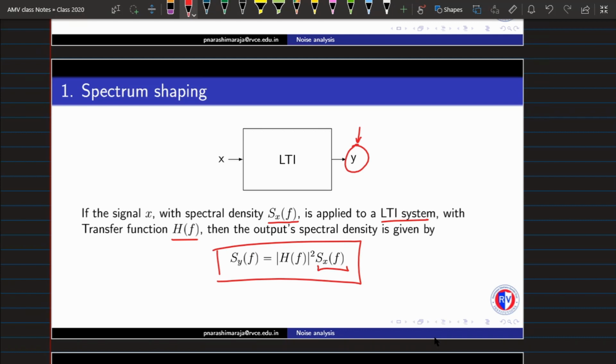The reason is that since we are dealing with the powers of input and output signal, the transfer function of this LTI system would then be represented in terms of modulo square. Okay, so let us illustrate this phenomenon with an example.